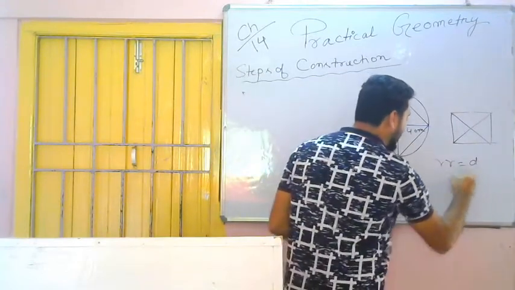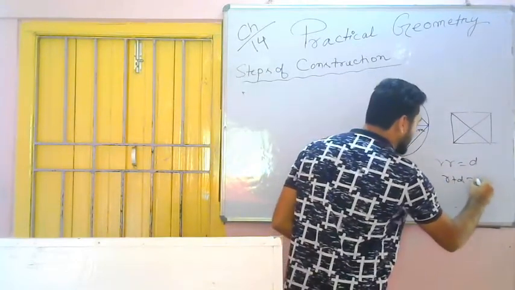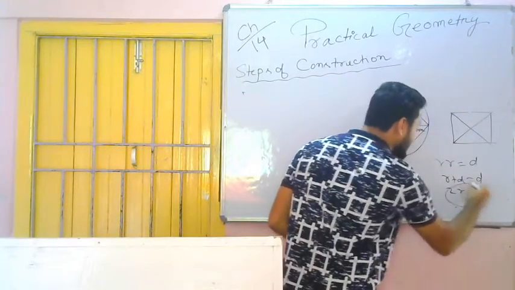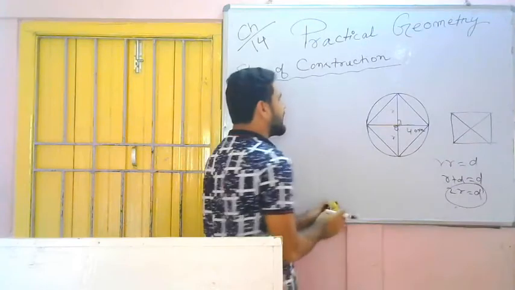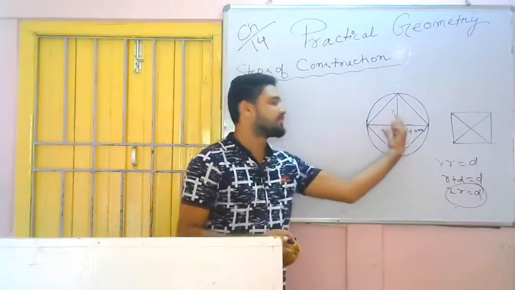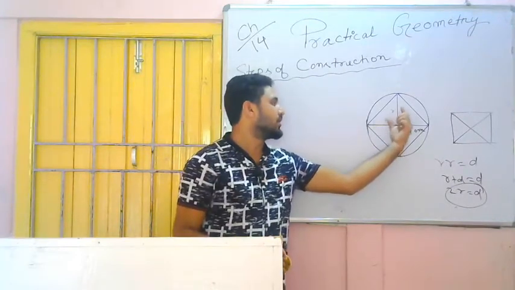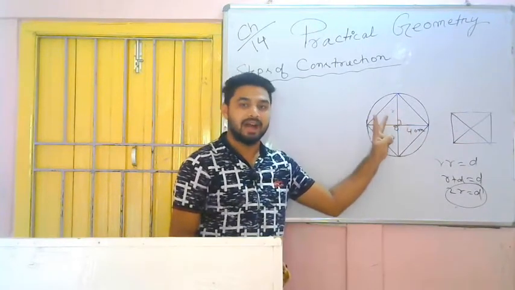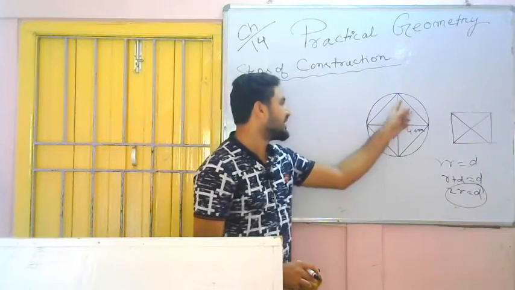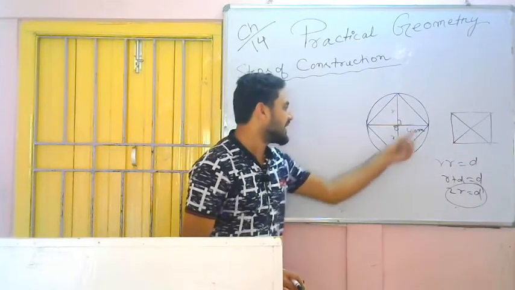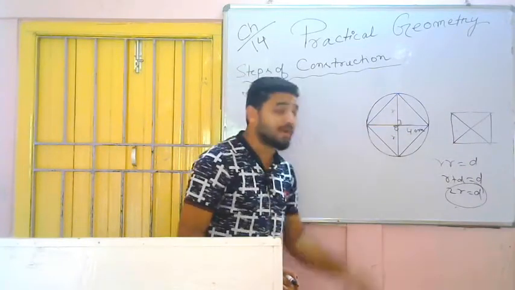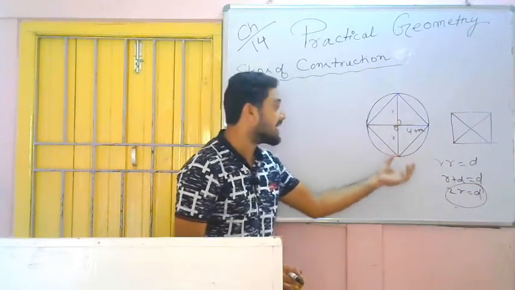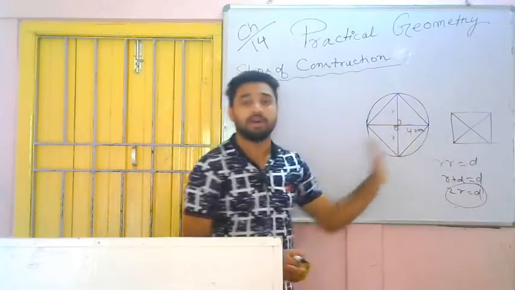And if we add them, R plus R equals D. That means 2R equals D. That means if we add two radii, we will get the diameter. So you can say that this diameter and this diameter are equal. If the diameters are equal, we can say that the diagonals of the figure are also equal.